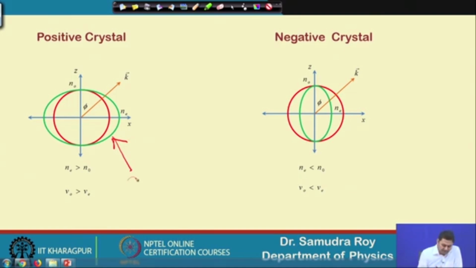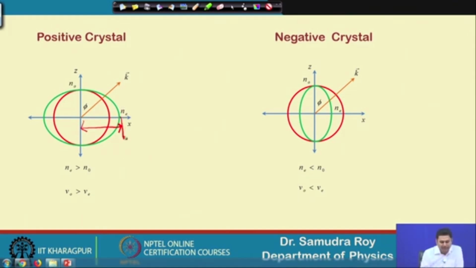So, this is the extraordinary refractive index which has an angle phi. When phi is pi by 2, we know that this has a maximum value and this value we designate as NE. So, here at this point.